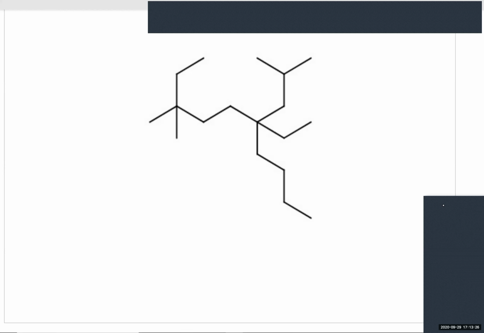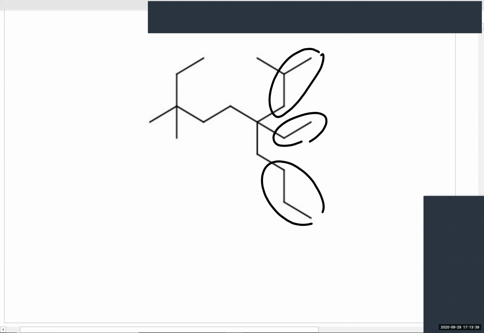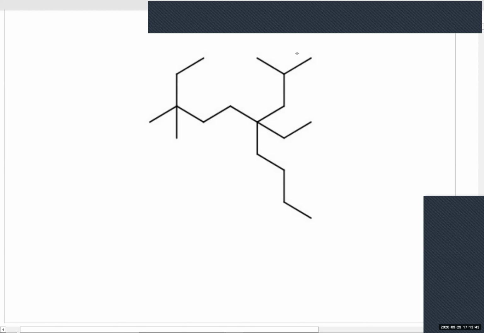So let's at least start off with some carbon numbers. So we start and we have 3 potential chains to choose from. Well, we identify the longest chain. So we're going to start counting from the bottom chain because it has the most carbons arranged continuously.